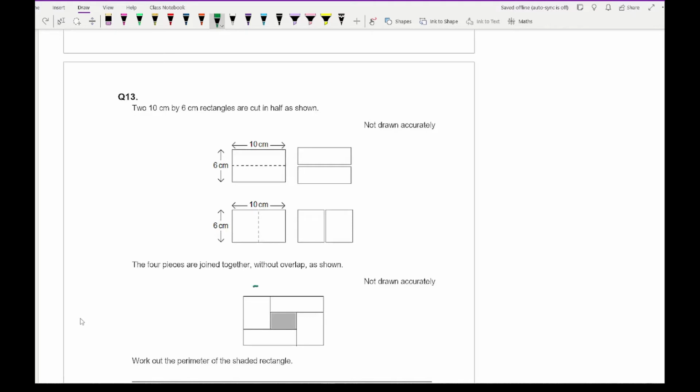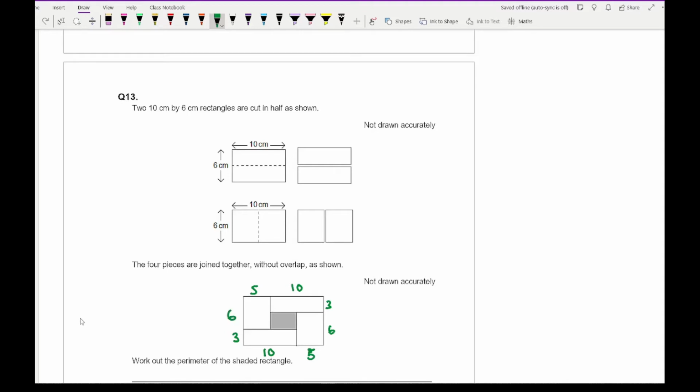So this is going to be 5, and this length here is going to be 10. This small length here is going to be 3. This is going to be 6, and that's going to be 5. This length here is going to be 10. This length here is going to be 3, and this length here is going to be 6.